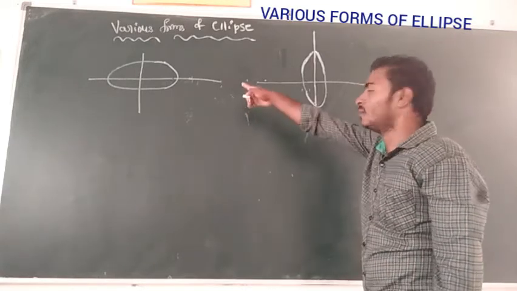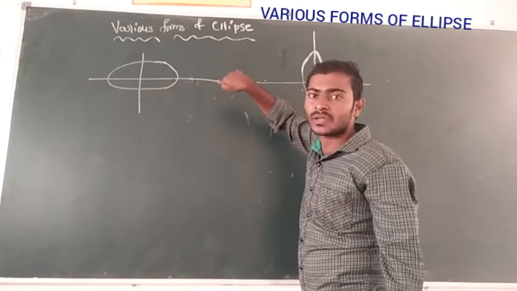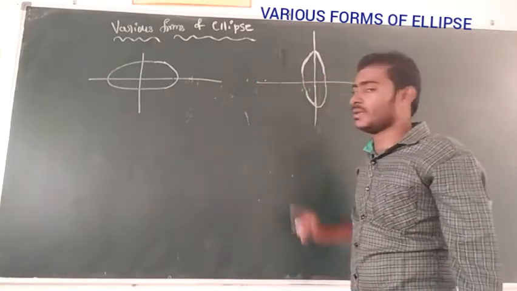By rotating the axis anti-clockwise by 90 degrees, we get this ellipse.